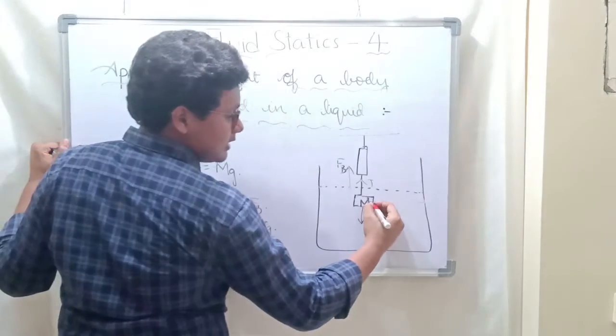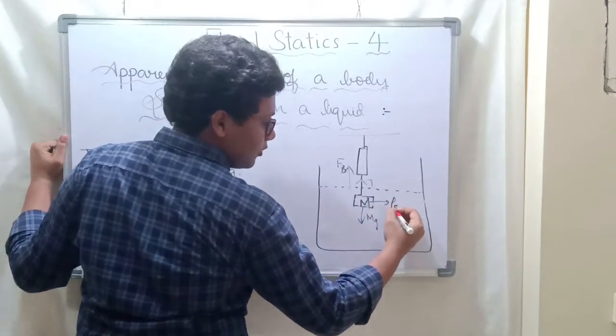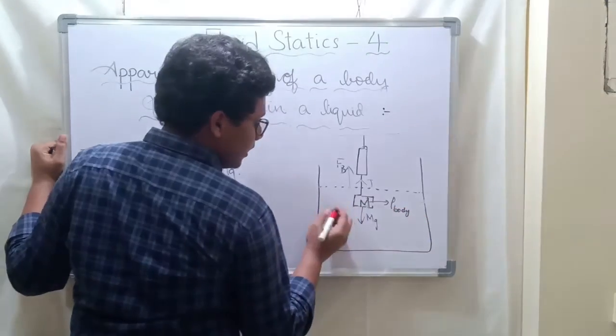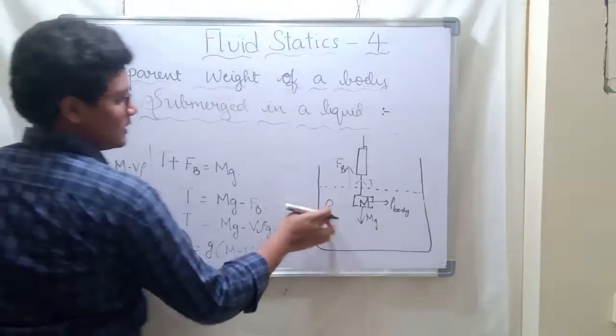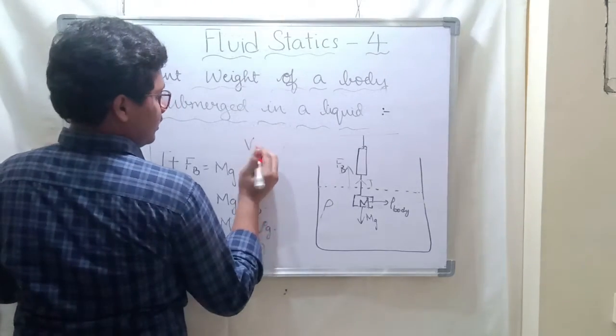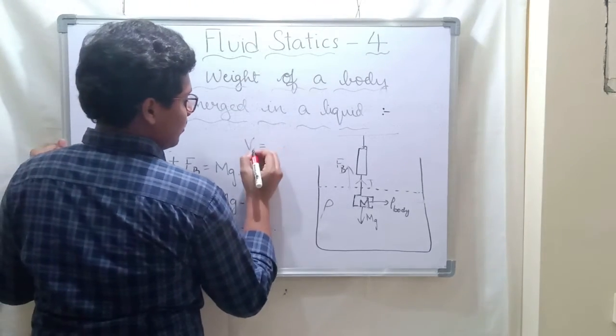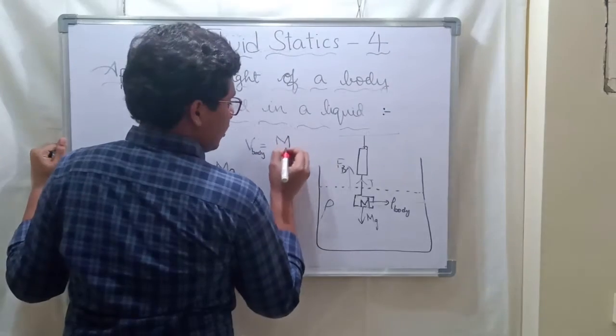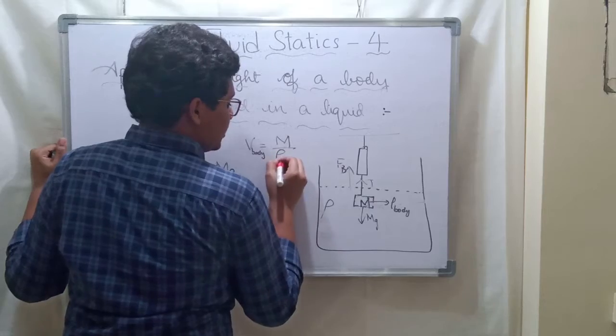See, this body is of density rho of the body, and this liquid is of density rho of the liquid. You know it. So volume of the body is equal to mass of the body by density of the body.